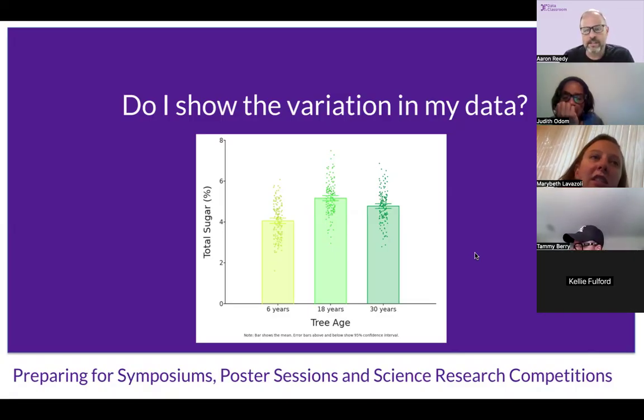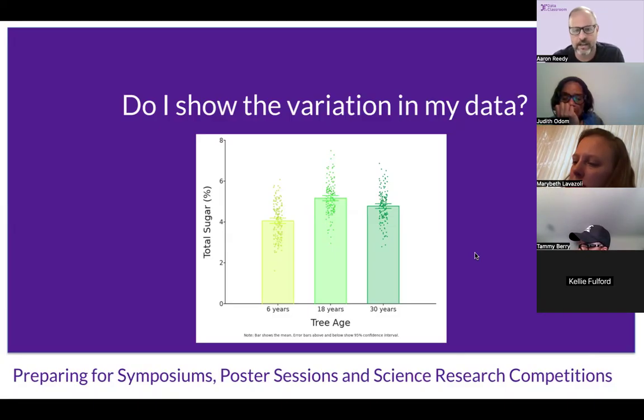One, you can see the cluster of data points, and so you can quite literally see the variation in the data that were collected in each group. So this was actually agricultural data where we had trees of different age groups. Some trees were 6 years old, another group of trees was 18 years old, another group was 30 years old. And we were measuring the total sugar in the fruit of those trees. These were actually mango trees in India.